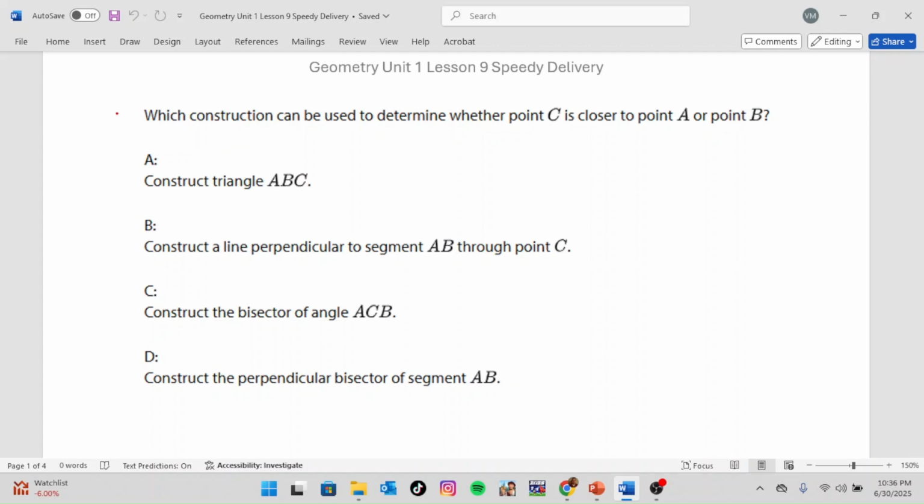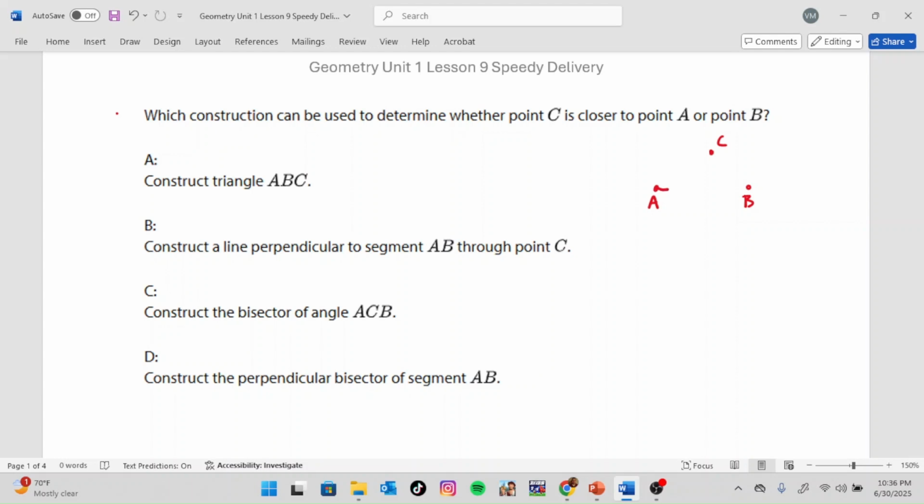So what we're going to do is we're just going to pretend we've got like a point A and a point B, and then we've got this random point C up here. So the first option is that we construct a triangle ABC.